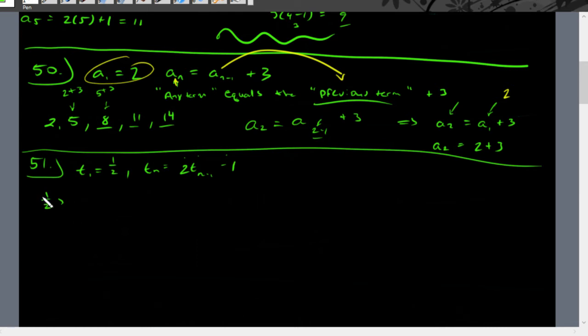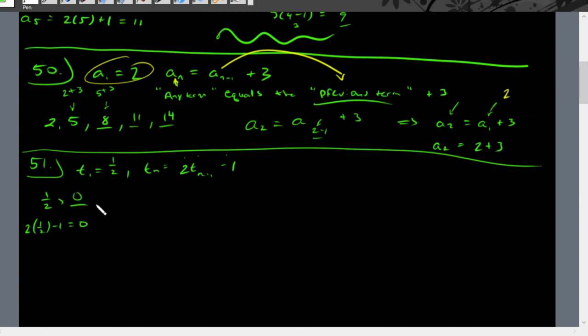So what is 2 times a half? Well, 2 times a half, and I should have written this down. No, this is fine. 2 times a half is 1, minus 1 is 0. I'll go ahead and write that down over here. 2 times a half minus 1 equals 0.